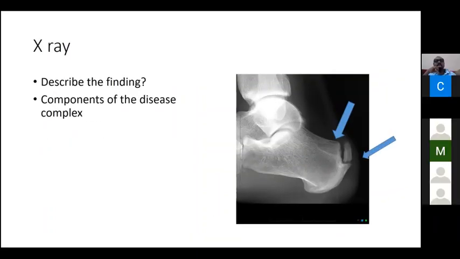So can anyone describe this finding on the X-ray? Can you read up this X-ray? Who will read up this X-ray? Amal, somebody, who's that? Haglund. Where is the Haglund? There are two arrows: the top arrow or the side arrow.